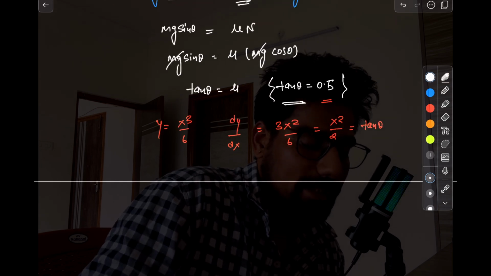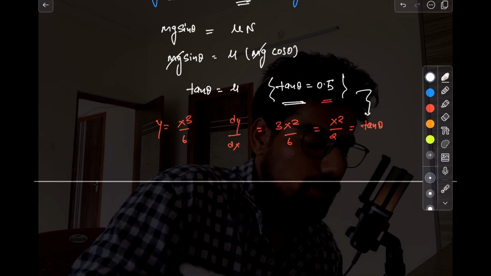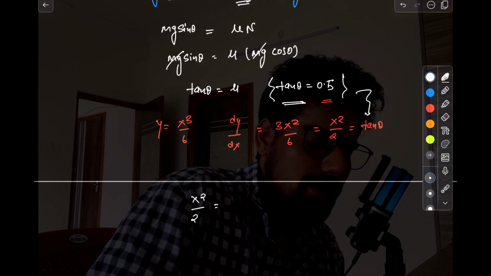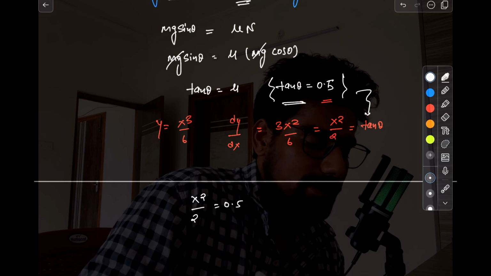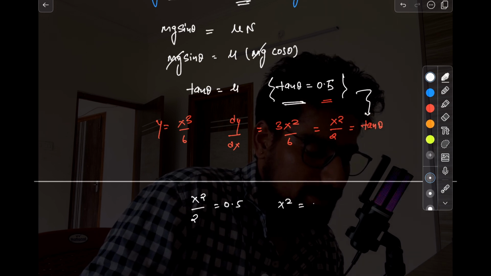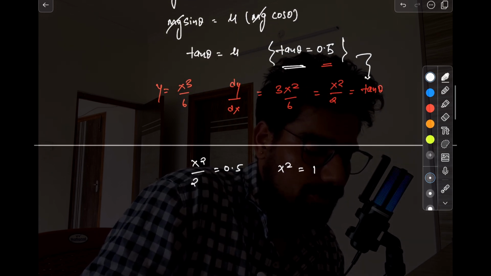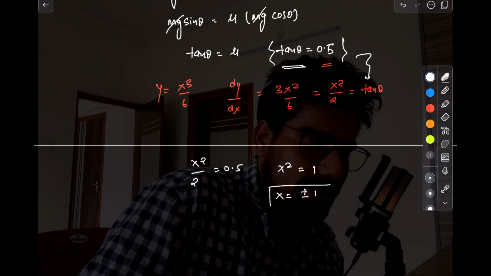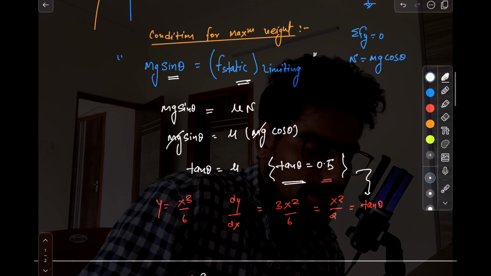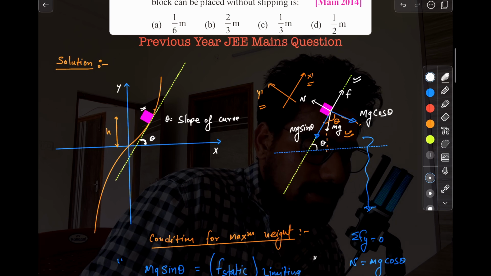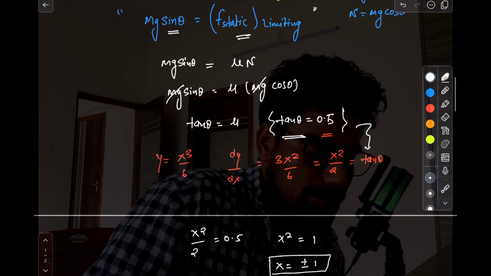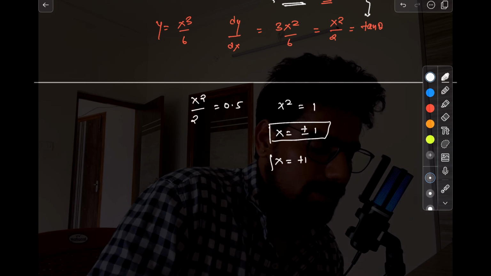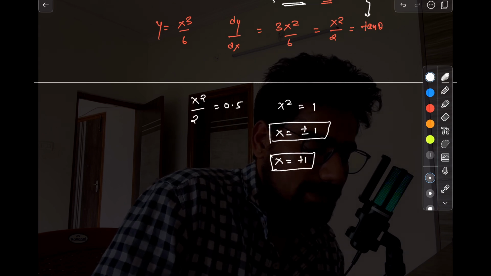So we got the condition that tan theta is 0.5. So x square divided by 2 is 0.5, so x square is 1, and x is plus or minus 1, right? We know from this diagram that we need to find the maximum height, so we take x equals plus 1. At x equals plus 1, it will start to slide.